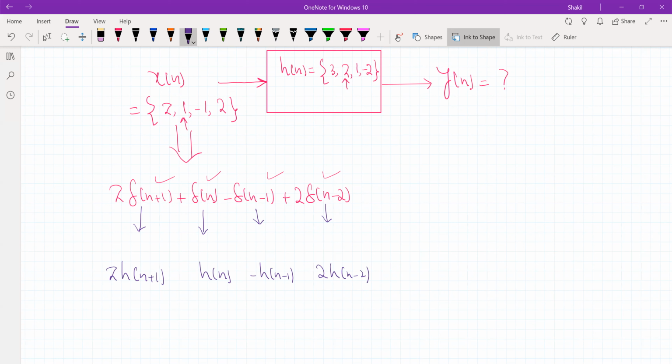This holds if the system follows time invariance and the additivity property of linearity. Then you will apply this as the combined input, meaning if you apply these inputs together to the system, this is same as 2, 1, minus 1, and 2. This is the meaning of this, and your job is to compute.